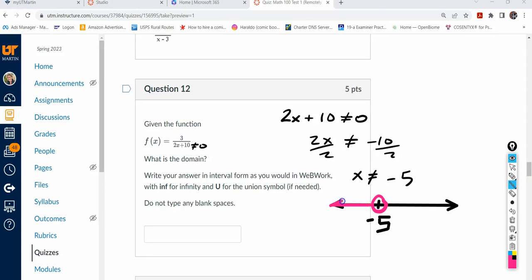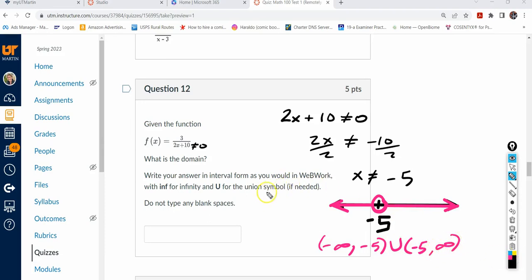So anything in the red. And if you read that off from left to right, you'll have minus infinity up to but not including negative 5. Then you got to jump over it. And then once you've jumped over it, it goes on forever.